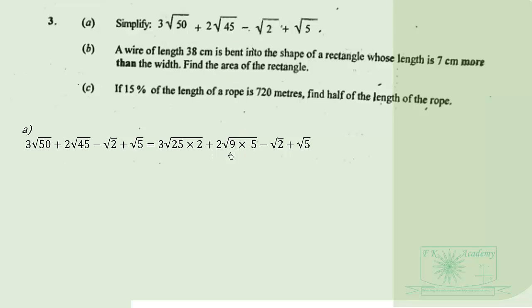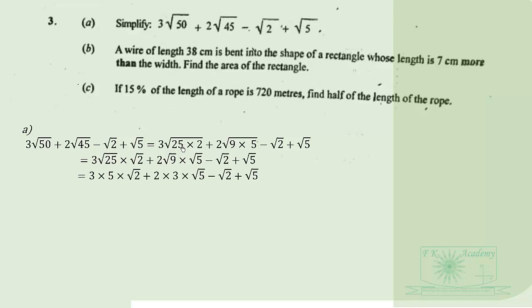So this is a perfect square, this is a perfect square. So we can break the square root for them so that we will get 3 times 5 here, 2 times 3 here. Then that will give us 15 root 2 plus 6 root 5.